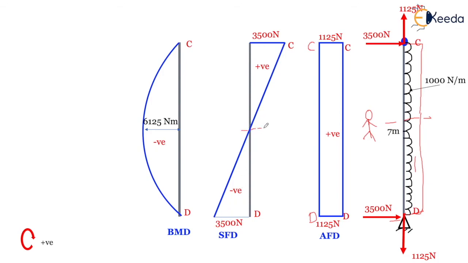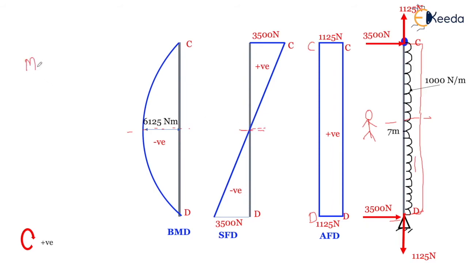And definitely at this particular point, what is the bending moment? How will we calculate it? It is nothing but 3500 into 3.5. Maximum bending moment, as this is 3500, will be in the middle only.